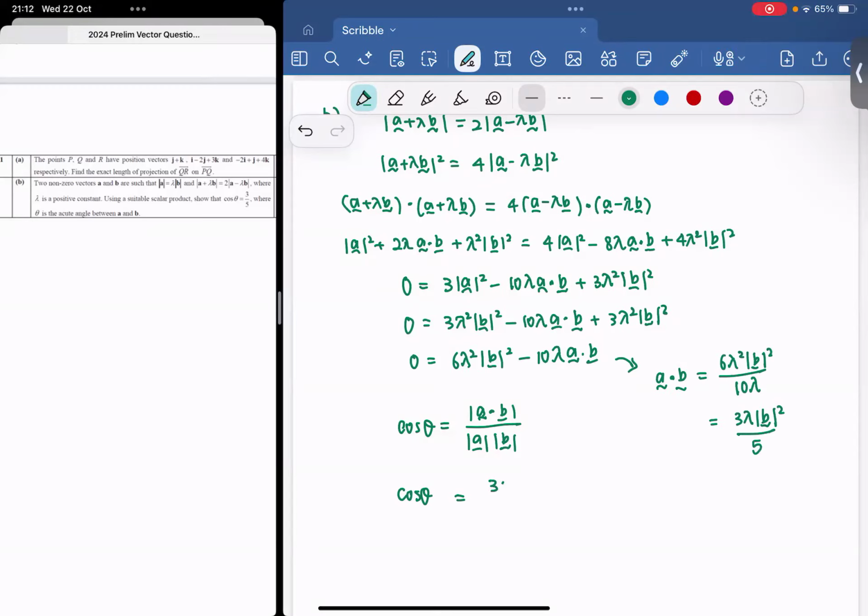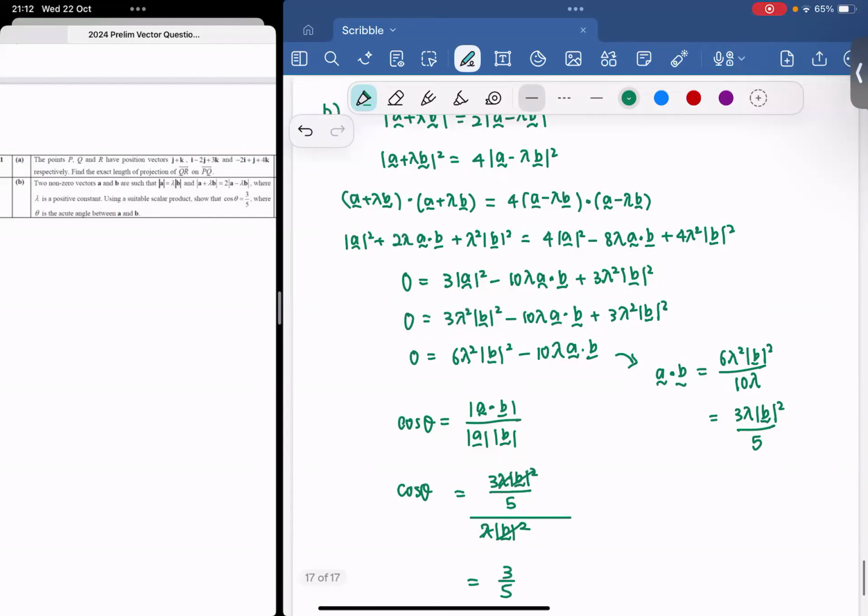So over here becomes 3 lambda B squared over 5, over lambda, the length of A is actually lambda B times the B becomes squared. Then you slowly cancel, you get your 3 over 5.